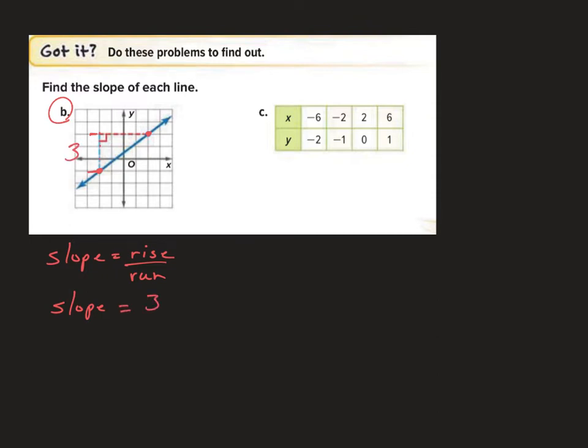And then I count my run, which goes from this corner to this point, and I get 1, 2, 3, 4. So my slope is just simply 3 over 4, rise over run. I know it's a positive slope because the line is going upward to the right, and that means it's a positive slope.